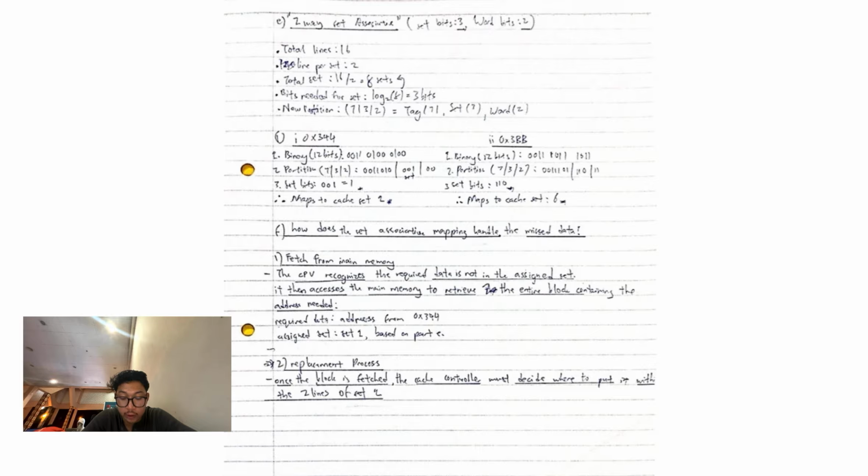The required data is addressed from 344, for example, and the assigned set for 344 is set 1 based on part E. For 2, replacement process is for the second way. Once the block is fetched, the cache controller must decide where to put it within the 2 lines of set 1.